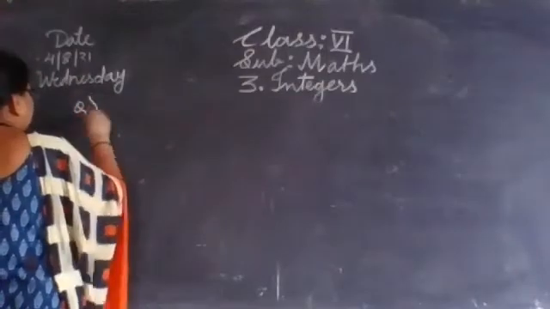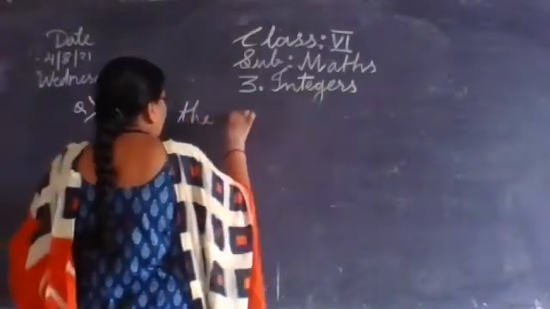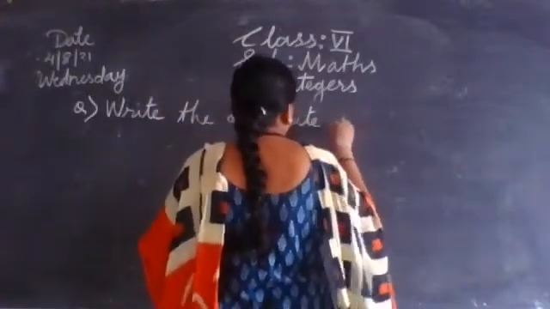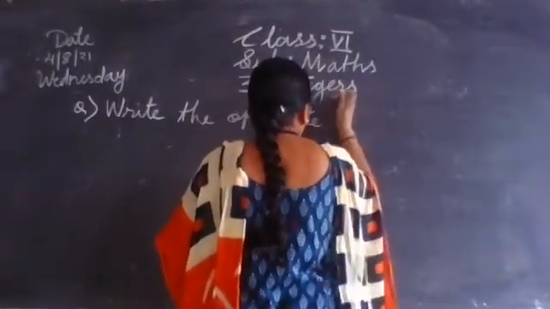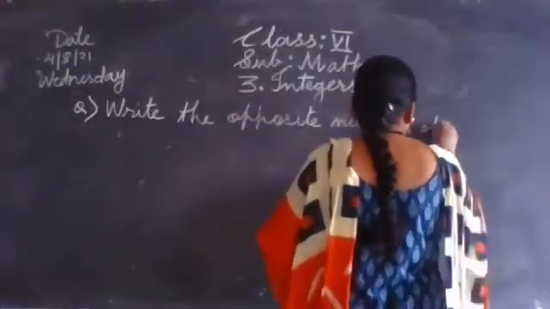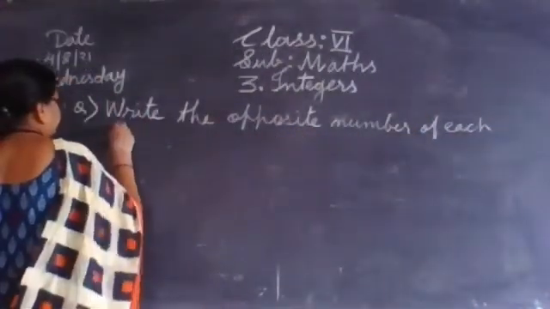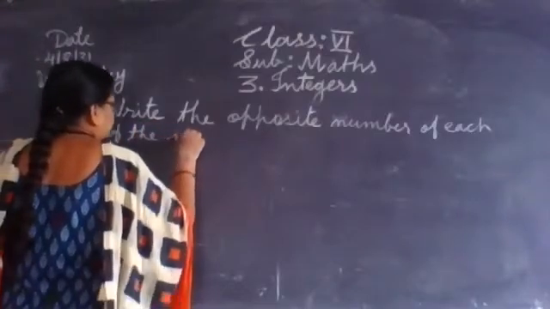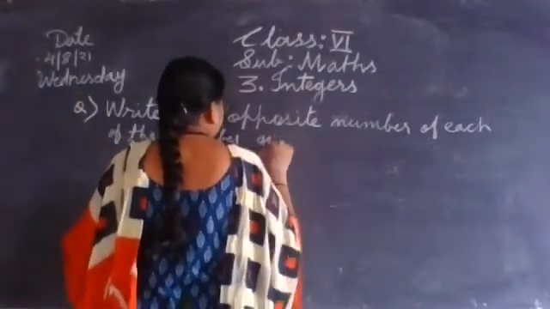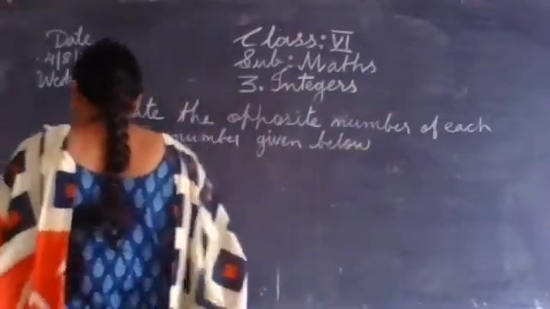And the question is, write the opposite number of each of the numbers given.